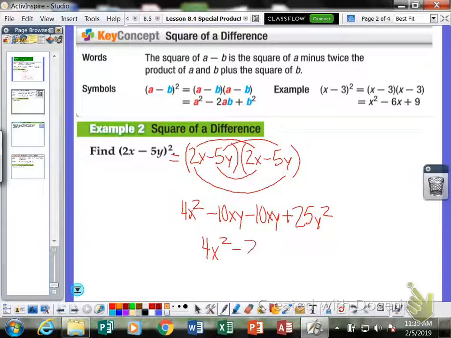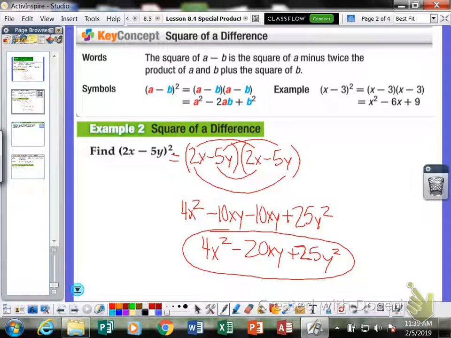Combine like terms, you get 4x squared minus 20xy plus 25y squared, and that is my answer there. One important thing to remember here is that we carry our negative or minus signs.